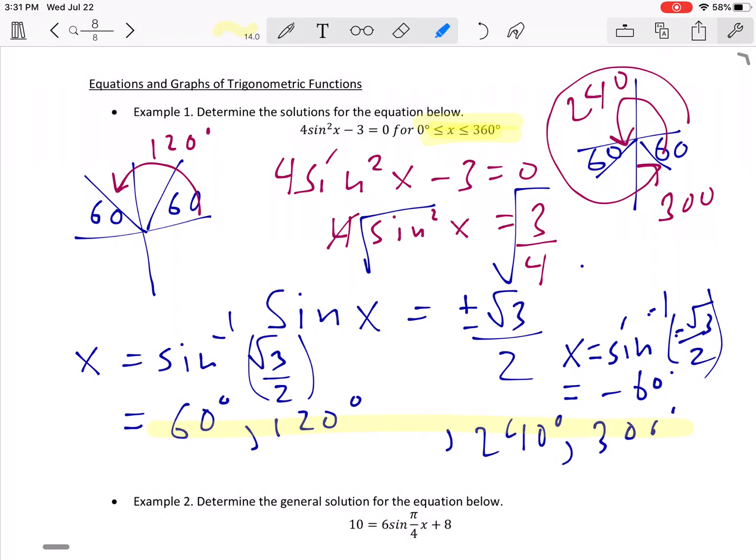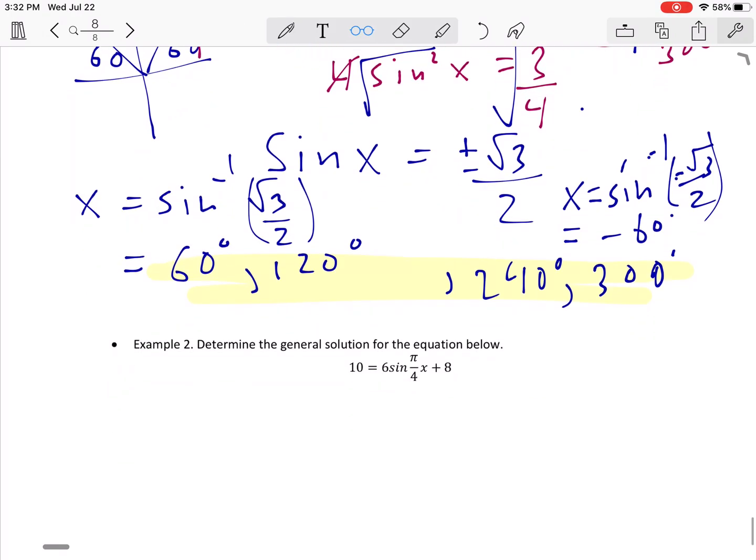When you get your answers, make sure they are within that inequality. This question said between 0 and 360, so those are our angles that are between 0 and 360: 60, 120, 240, and 300. Now, another way to frame the question is not to have an inequality, which means you can give an infinite number of answers, and that's where they say solve for the general solution.